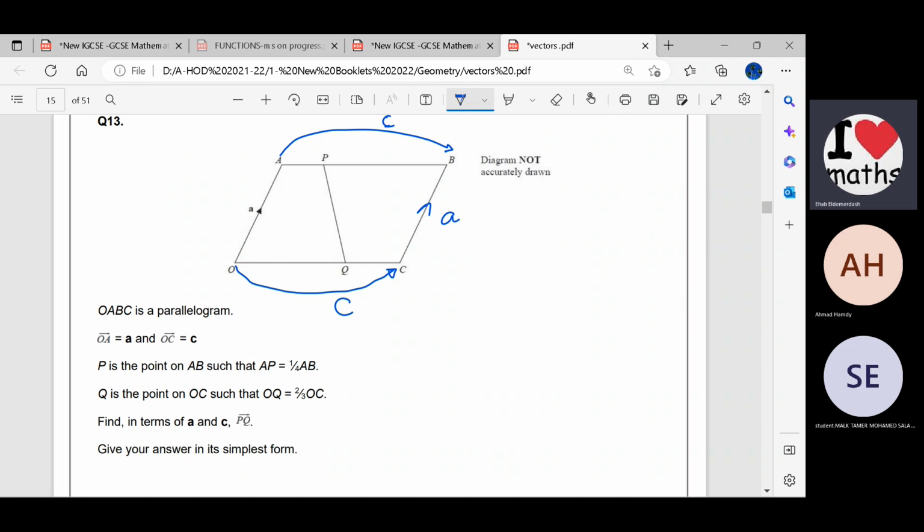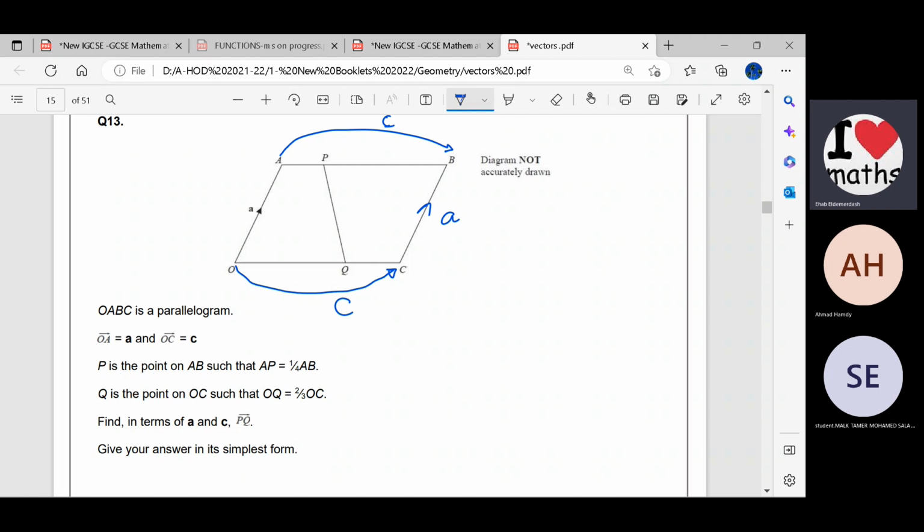Let's go for the second part. They are telling me that P is the point on AB such that AP is equal to a quarter of AB. Who can tell me how many parts for each one of these?